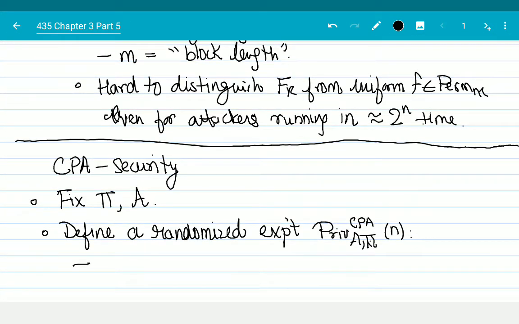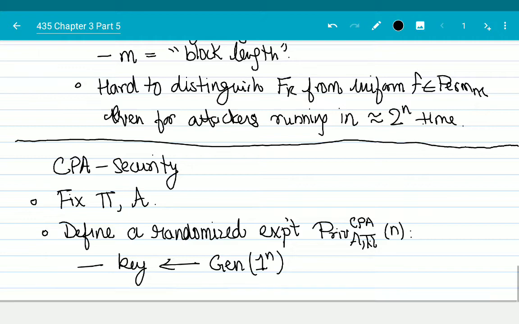In the first step, given a security parameter n, the generator generates a key.